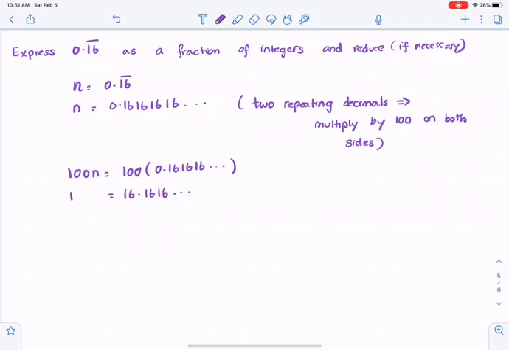So 100n is 16.1616 repeating. I am going to subtract n from it. So n is 0.1616 repeating.